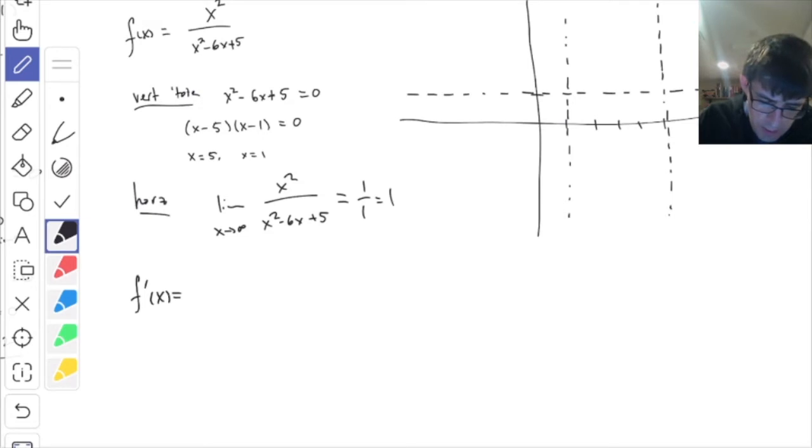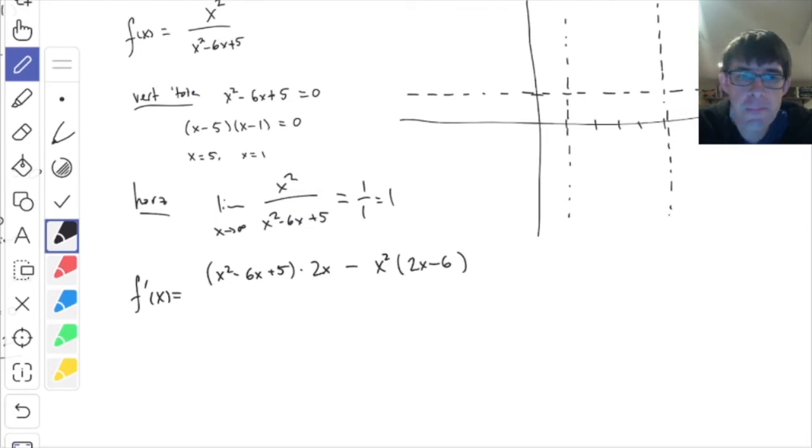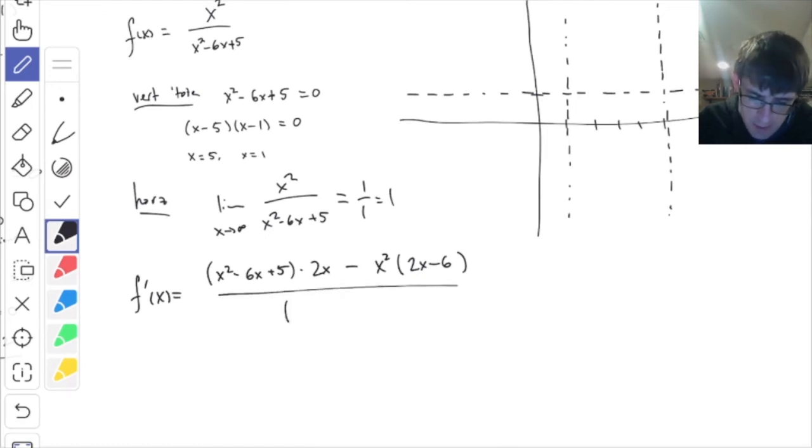So I go the bottom, x squared minus 6x plus 5 times derivative of the top would be 2x, minus the top, x squared, times derivative of the bottom would be 2x minus 6, right? That's the derivative of the bottom. This is the numerator in the quotient rule, and then I go divided by the bottom squared. X squared minus 6x plus 5, whole thing squared.